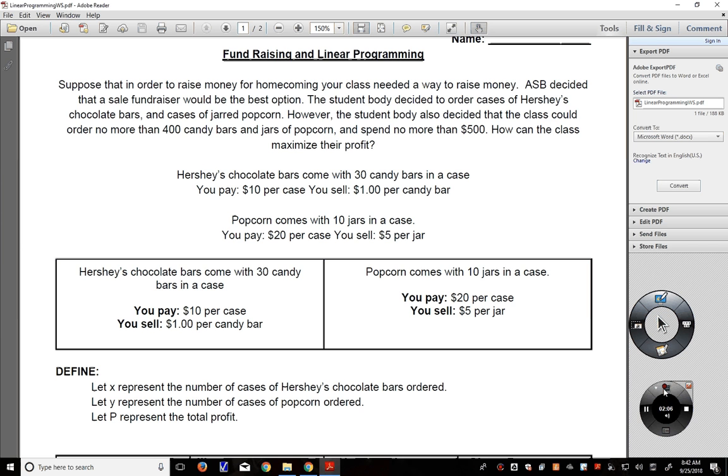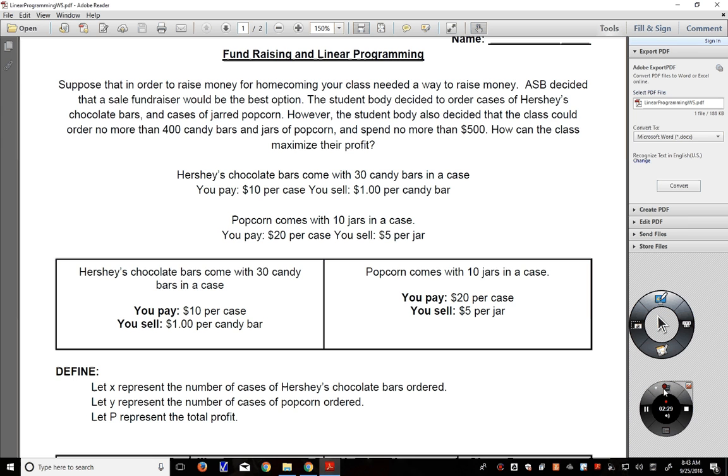Or you can choose space. I only have 1,000 cubic meters of space, and this product takes up this many cubic meters to store, and this one takes up this many, and that's another constraint. So we're giving you the money, the cost constraint, and then you're coming up with some other constraint on your own. And that's the hardest part of the problem, building it.